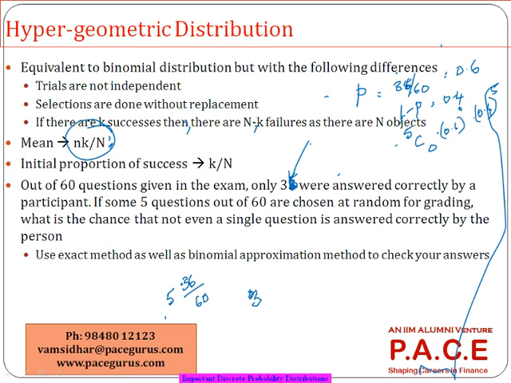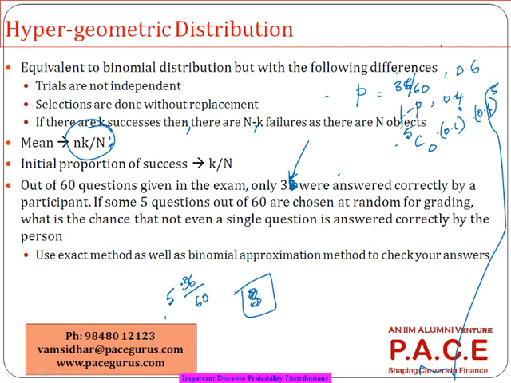So this is 3, which you will get even when you are using the binomial approximation. The average is the same in the binomial approximation and the hypergeometric method. But the probabilities of each of them will be different because of the dependencies.